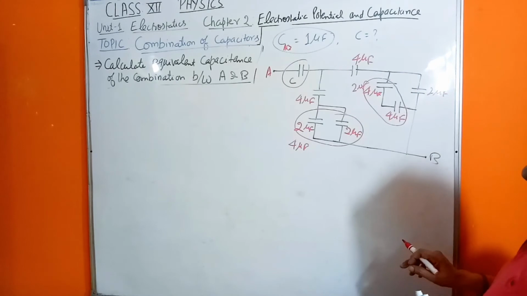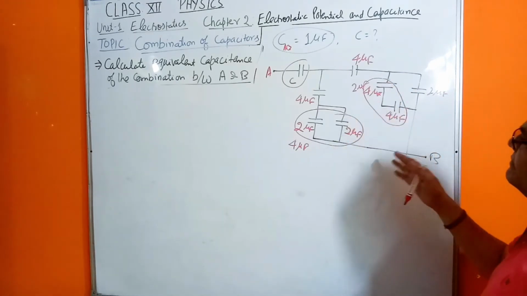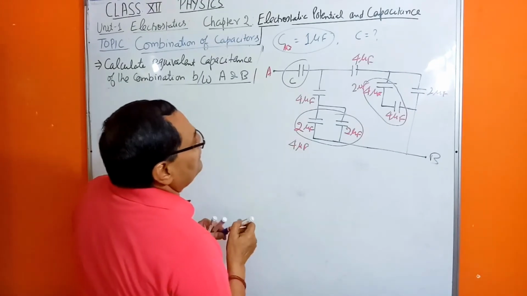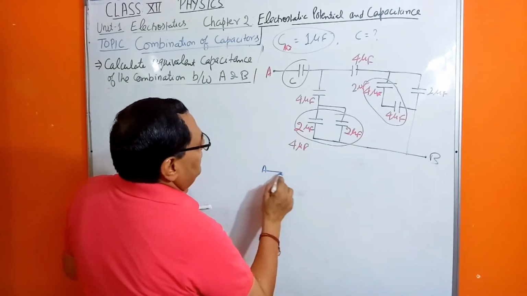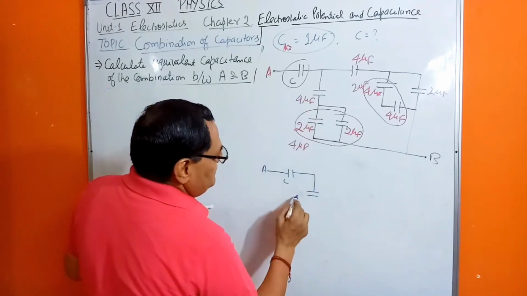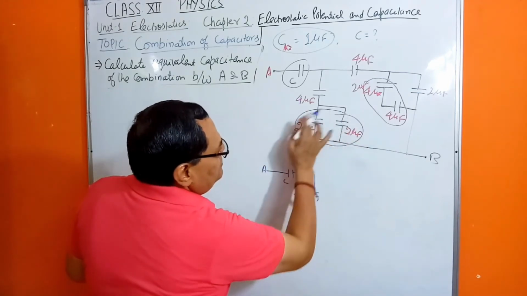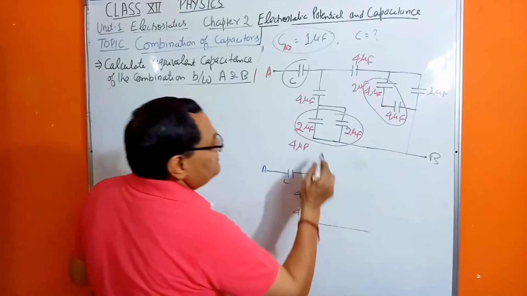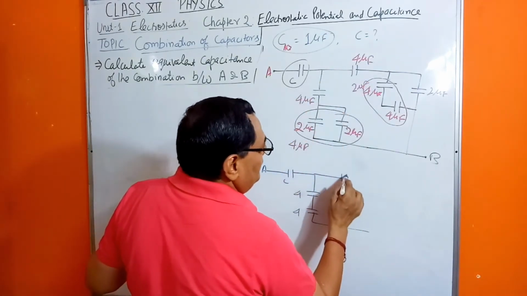So let me redraw it, otherwise you will get confused. The new formation will be like this. A, so C is unknown. Here is the 4. Now in place of this there is a new capacitor of value 4. And here is 4, no issue at all.